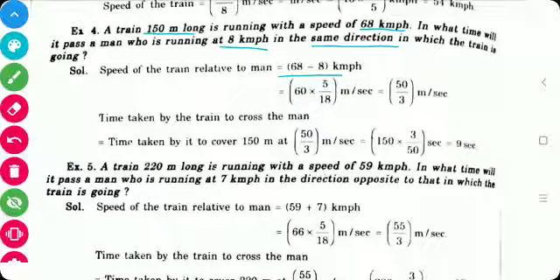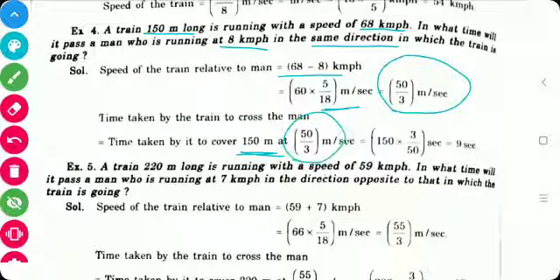So we will convert it into meter per second. So we have to multiply by 5 by 18. So it is 50 by 3 meter per second. So the time taken by the train to cross the man is equal to the time taken by it to cover the 150 meter, but at the relative speed of the train. So time is equal to distance or length upon speed.